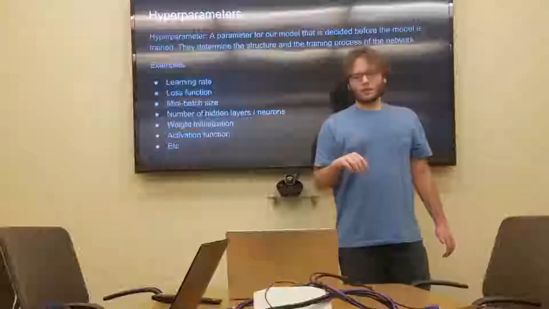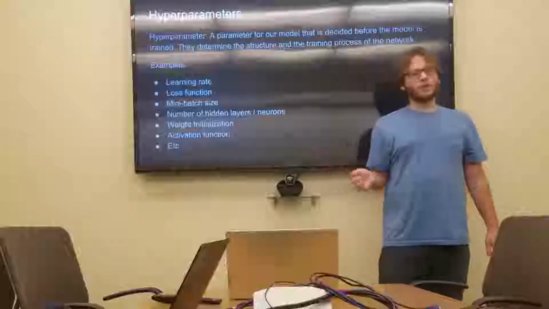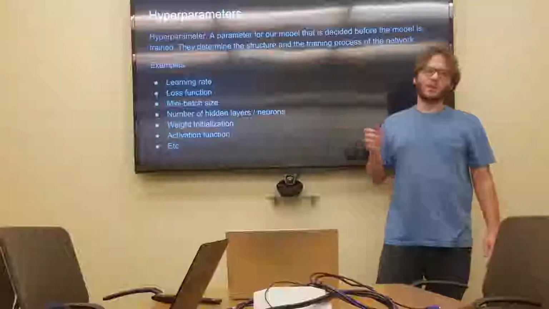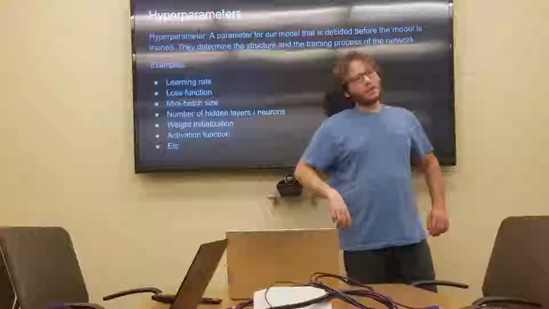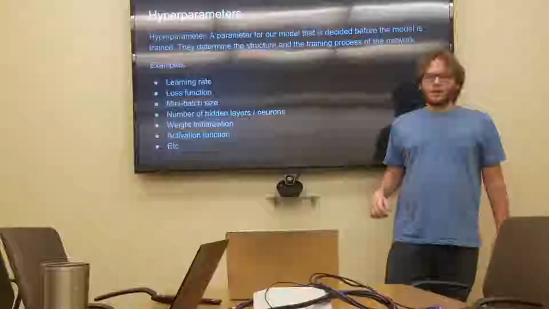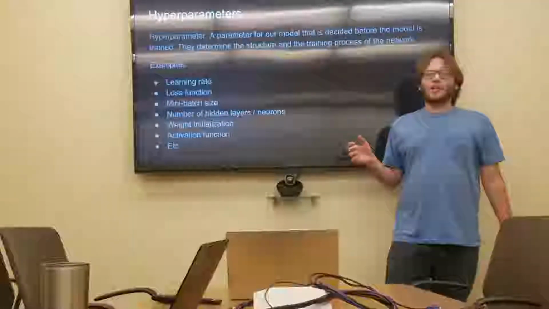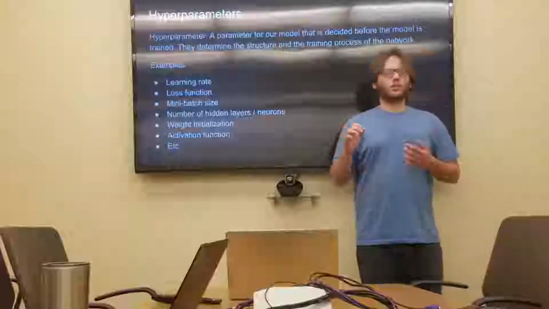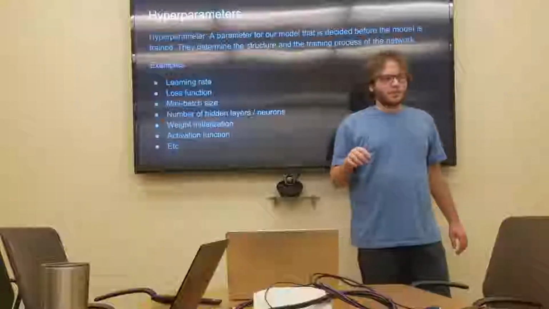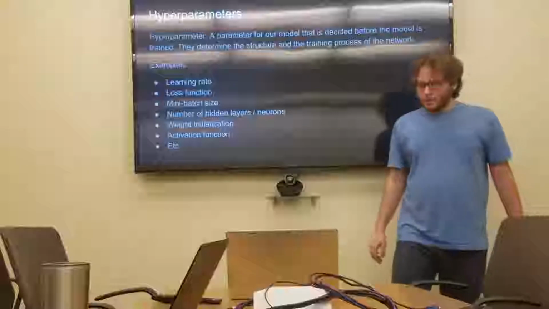It includes the learning rate, the number of neurons in a hidden layer, the number of hidden layers. It can be the loss functions, activations, anything like that. And that's going to shape what our neural network is structurally. It is not going to include the weights because we use the weights for training.